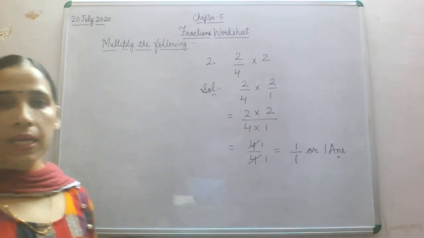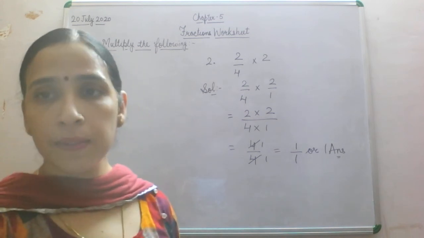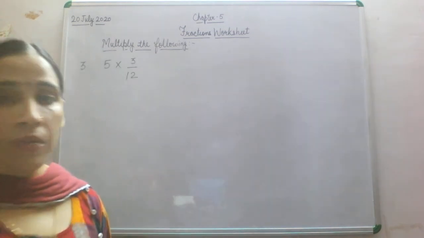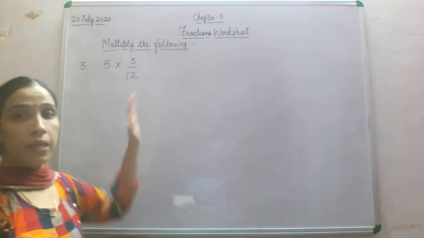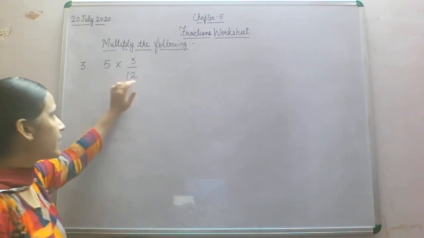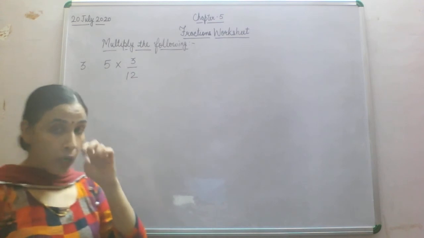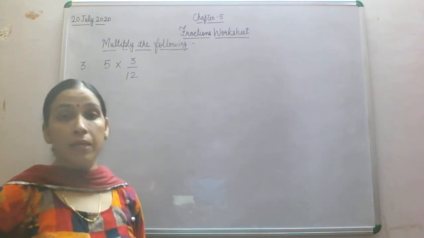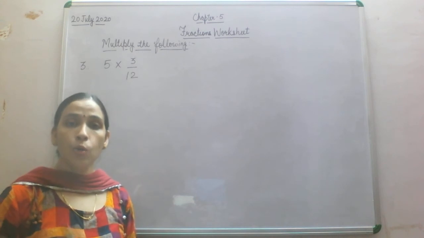Now we'll start the third question of the worksheet. So now we will take our question number 3. 5 multiply by 3 by 12. Now here this is your proper fraction and 5 is your whole number. Now we were doing multiplication of a proper fraction by a whole number.